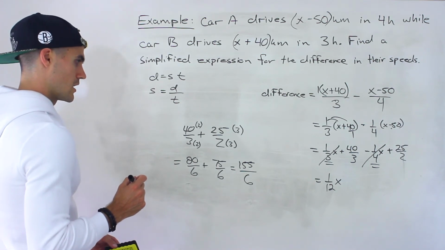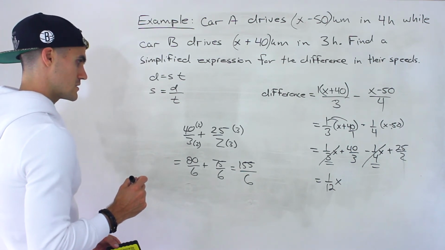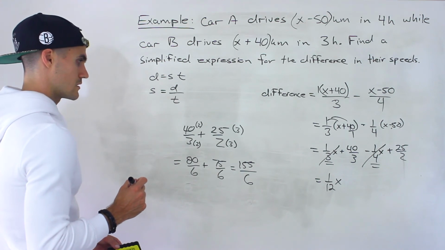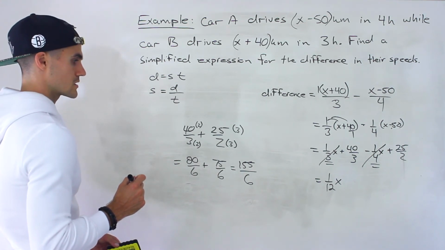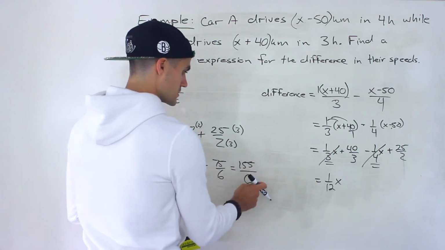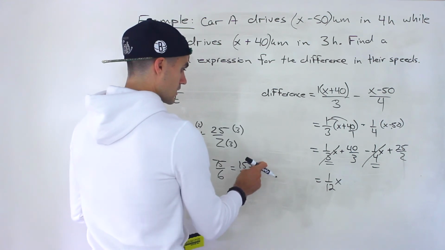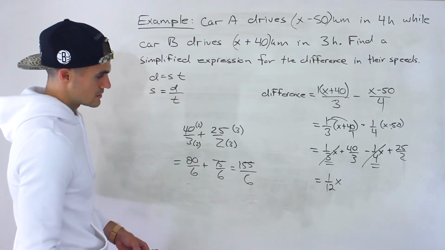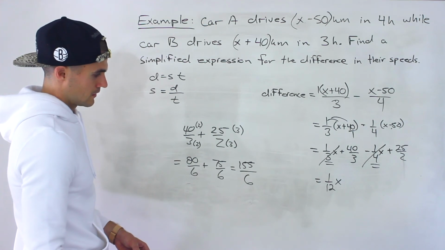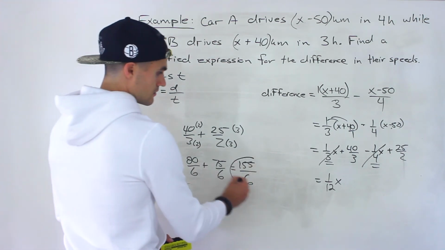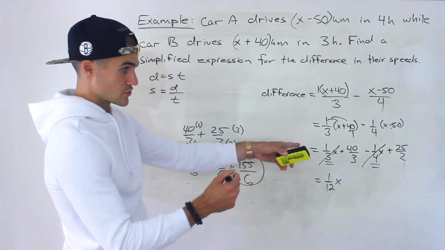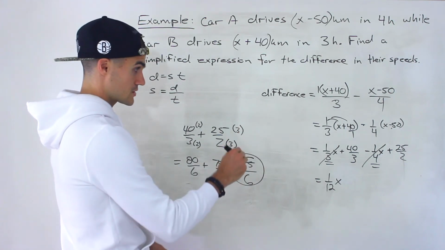And this does not simplify any further. 155 over 6 doesn't simplify. Can't divide this by 2, can't divide it by 3, can't divide the numerator by 6. So this here is the simplified fraction for 40 over 3 plus 25 over 2.